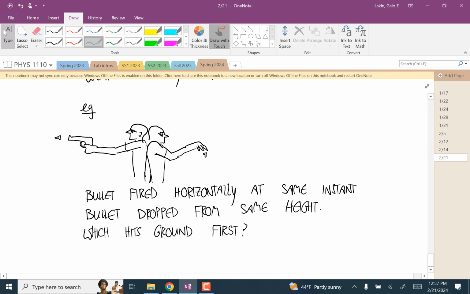Most people's intuition tells them that the bullet that's dropped is going to hit the ground first, because something about the high horizontal velocity of the bullet that's fired out of the gun is going to keep it from dropping, you know? And it's not true. Probably that comes from the fact that when things are launched or thrown or whatever with a high horizontal speed, they're so far away when they land that they usually hit something first, you know?